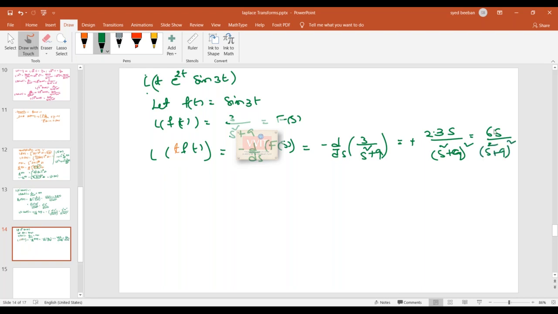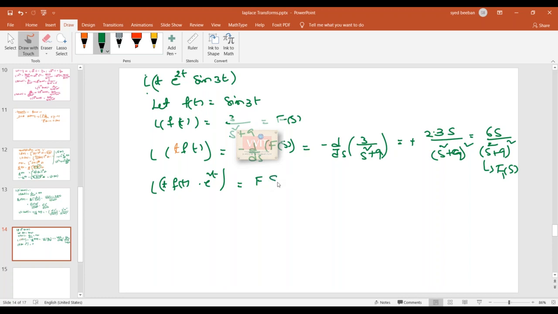Now this whole thing is taken as f1 of s, for my convenience. L of t times f of t times e power 2t equals f1 of s minus 2, since it is plus 2t.